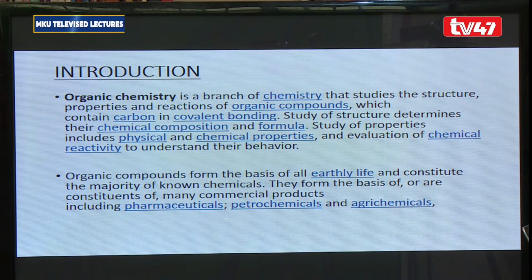That is, many commercial products in pharmaceutical industries, petrochemicals, that is in industries, and agri-chemicals. When we talk about pharmaceutical compounds, then we are talking about areas of medicine.